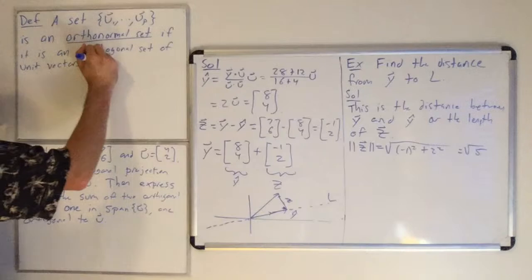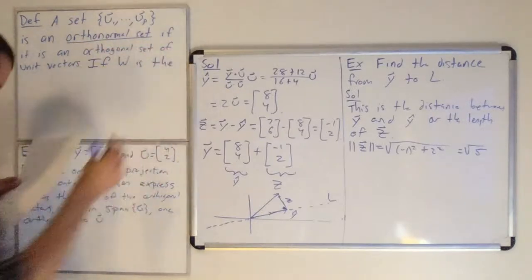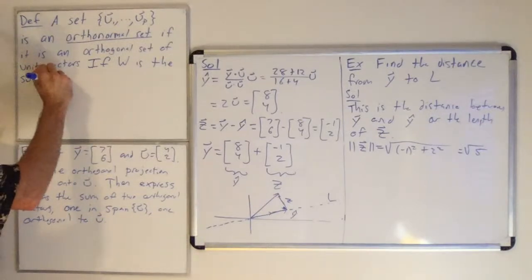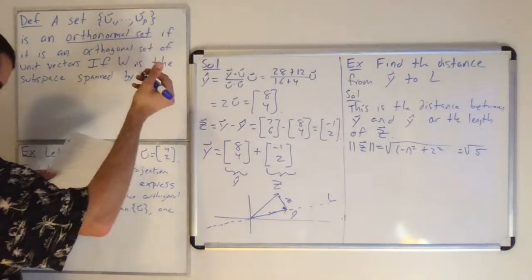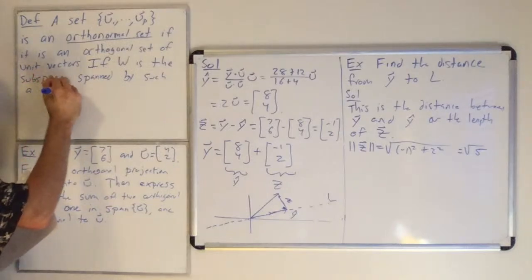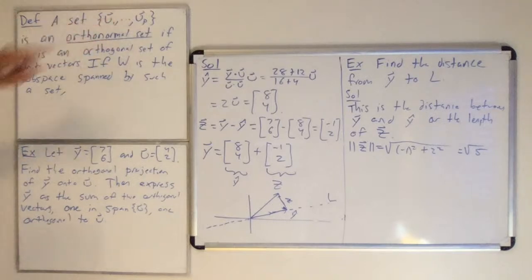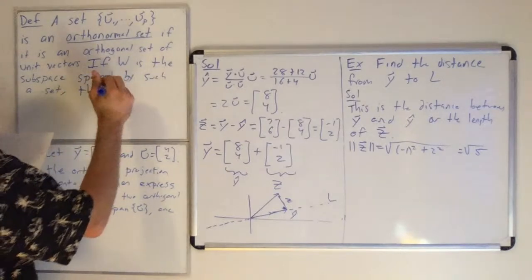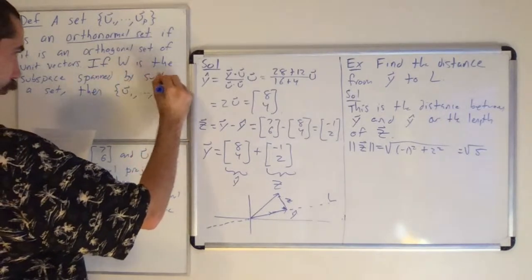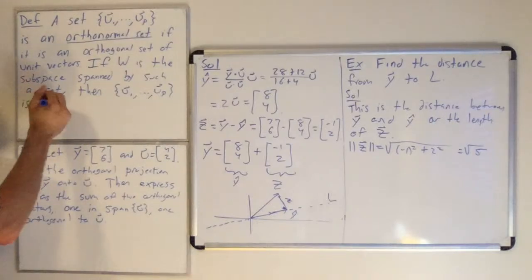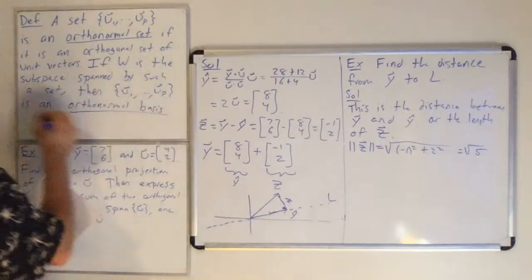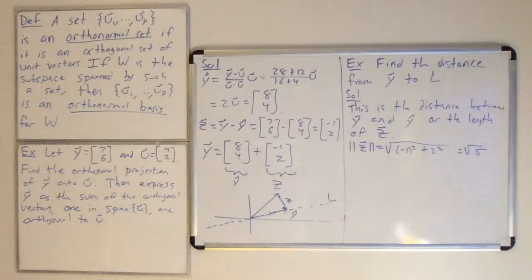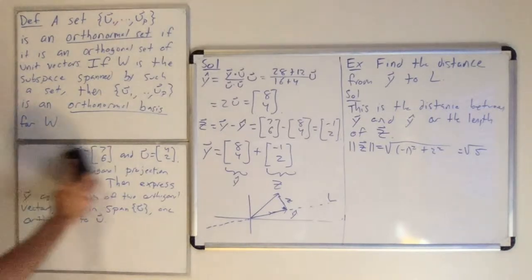And if W is the subspace spanned by such a set, we say that u1 through up is an orthonormal basis for W. Okay, so let's look at an example.